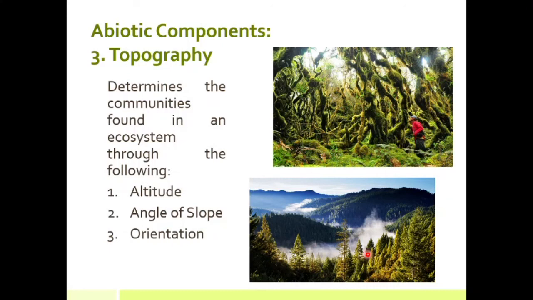A living organism cannot live without non-living things or the abiotic components. Okay, so we have the climate, the soil, and topography, and those are the three major factors under the abiotic components.